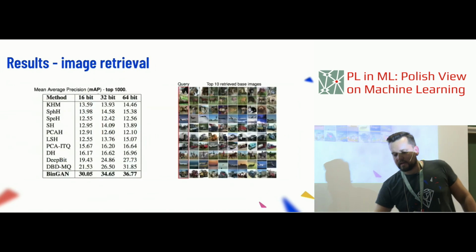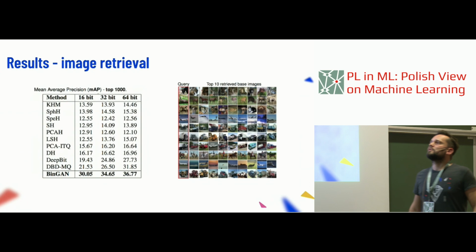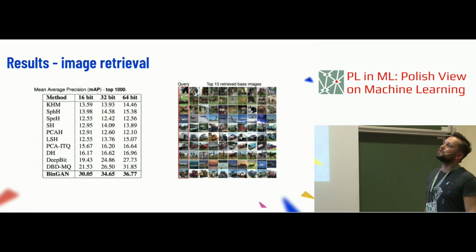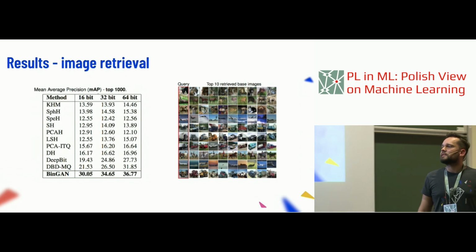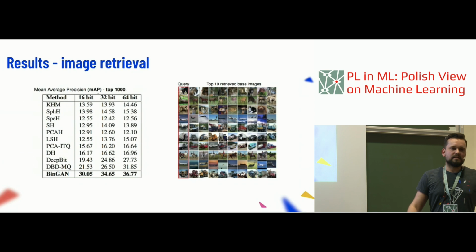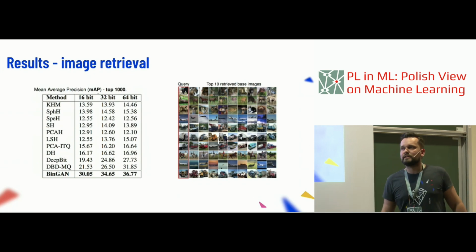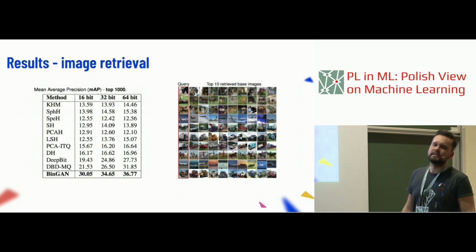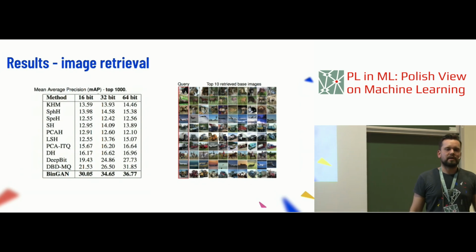We also evaluated our method on an image retrieval task, and we used the CIFAR10 dataset, and we used mean average precision as a quality criterion. On the right side, you can see some test images and the top dataset images that are the closest according to the Hamming distance.